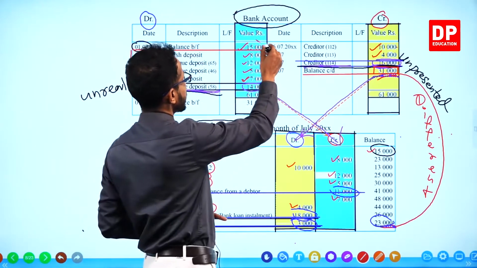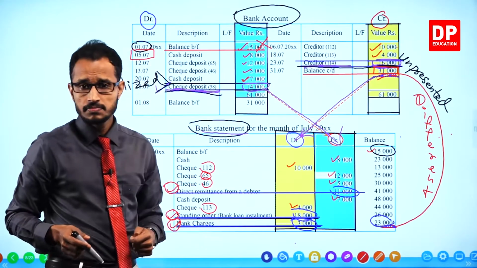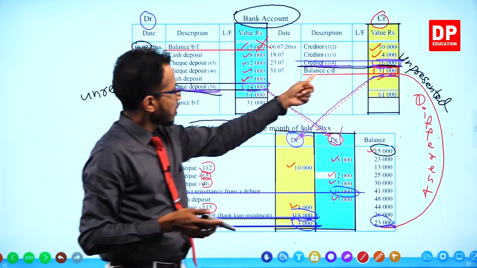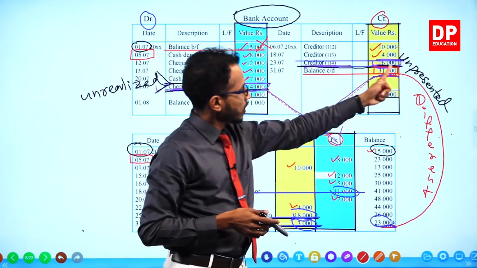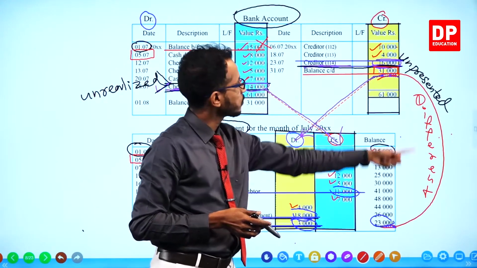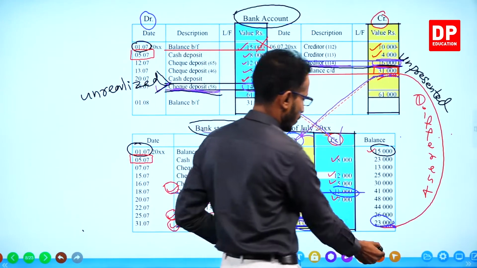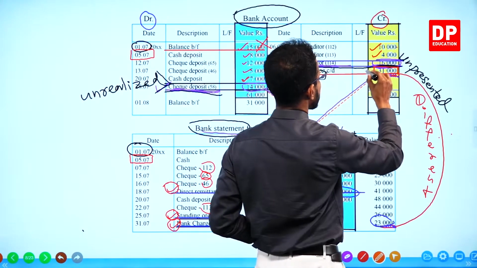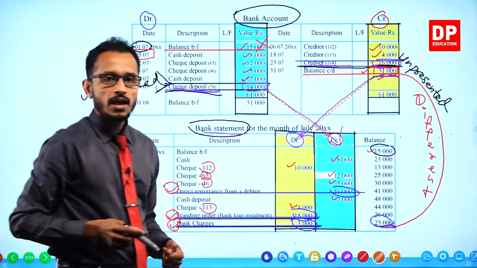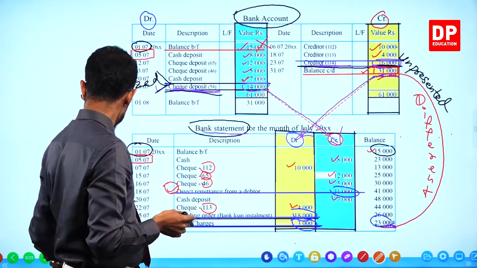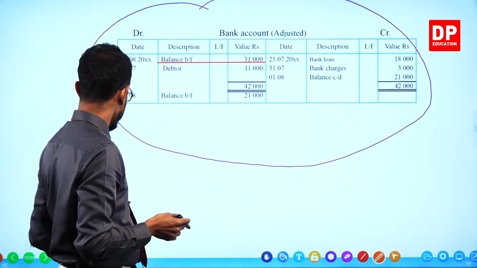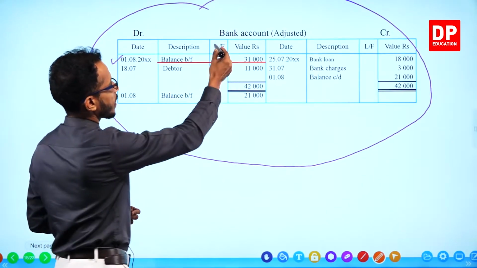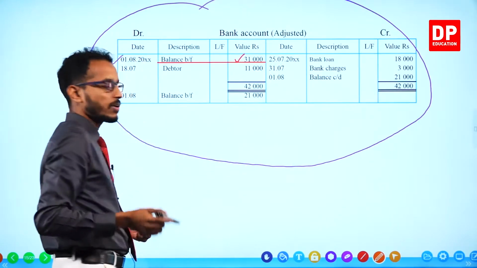Don't take this. This is the opening balance. It's not relevant to us. We are talking about the closing balance, and that is what we should adjust. So we take this balance, all right, children, this balance. That is the balance that we have taken here to our adjusted bank account, 31,000.